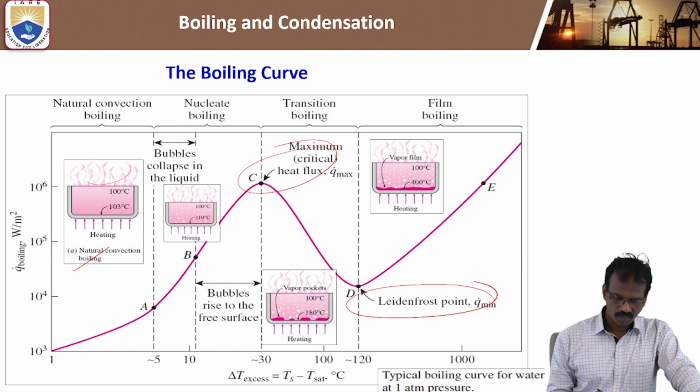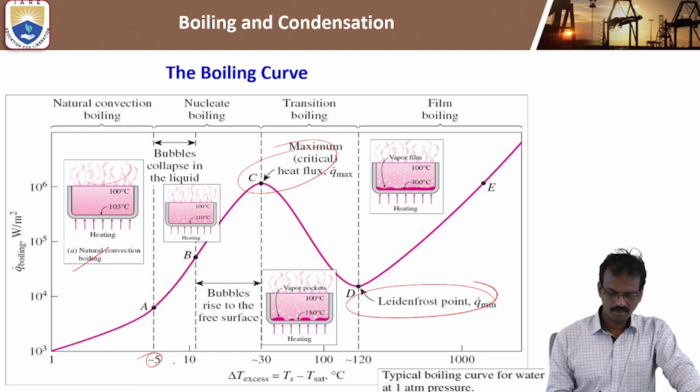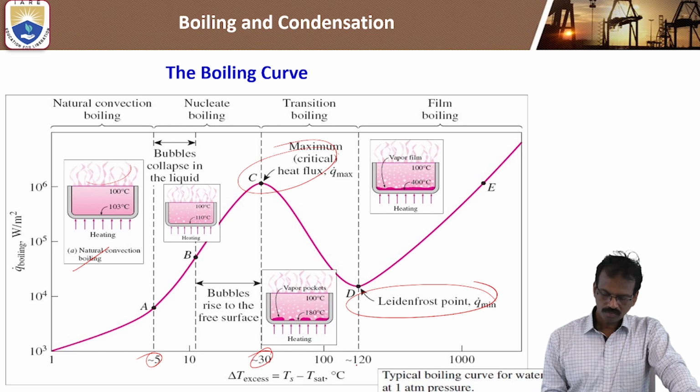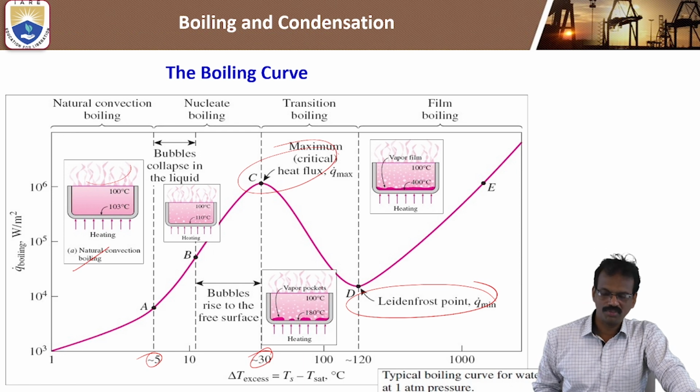You know this one. Here we will see the range of temperature up to 5 degrees Celsius. Here at 30 degrees Celsius you get the maximum critical heat flux. Next, as the excess temperature increases, a gradual decrease and then a rapid increase of heat transfer will be observed here.